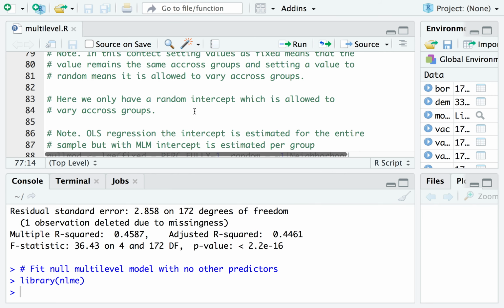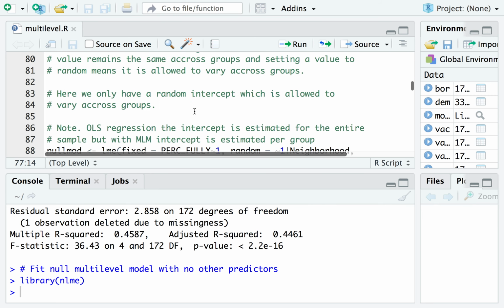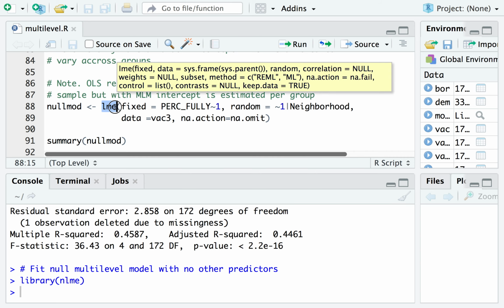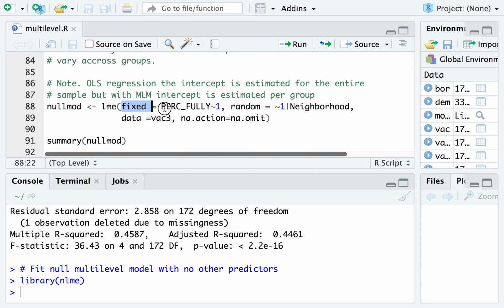So one thing to note right over here. What I'm doing right here is to run the multi-level model, you use the nlme function. So you set your fixed variables, the ones that you want to remain consistent, and random.